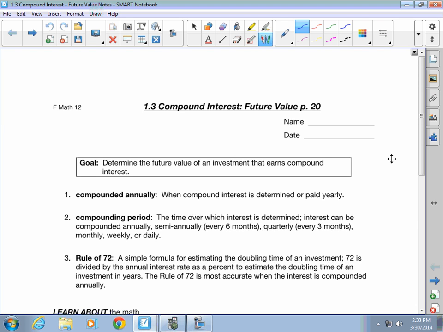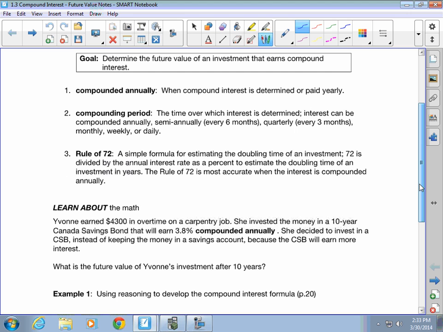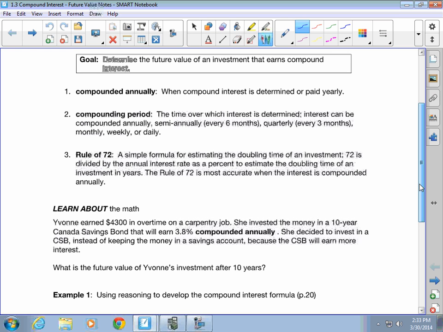There are a few definitions that we need to know, and there will be quite a few examples for this section. So our goal is to determine the future value of an investment that earns compound interest. If you remember from the first two sections, simple interest means that interest is just being paid on your original principal amount, not compounded on the interest that's being earned.